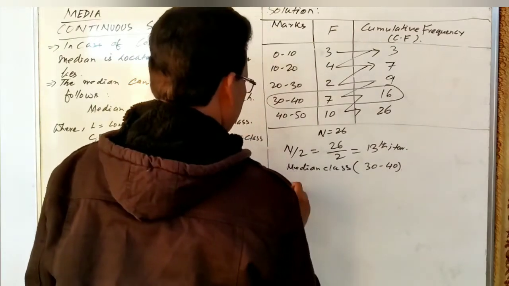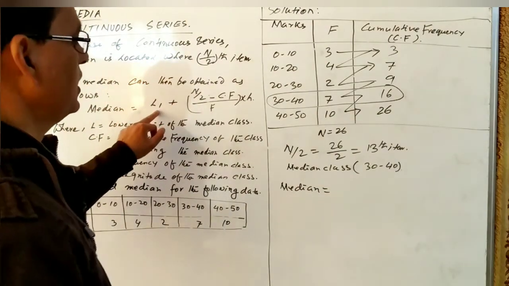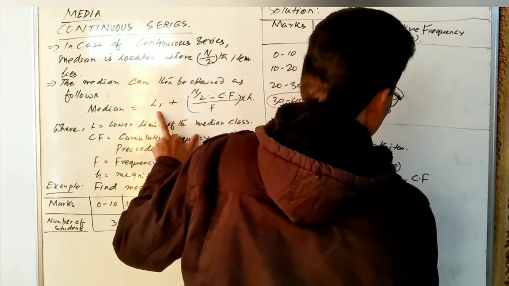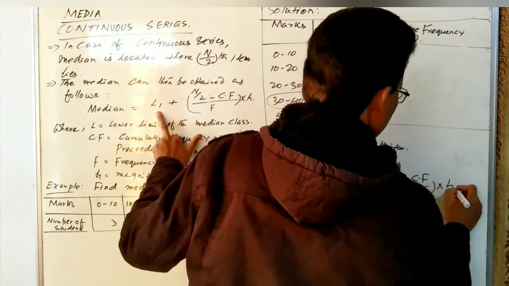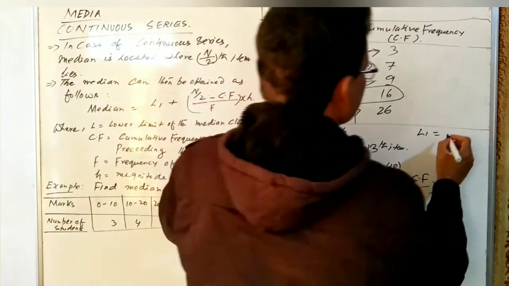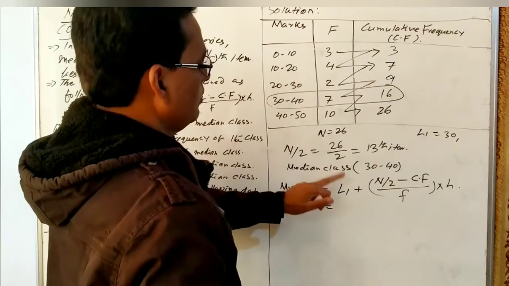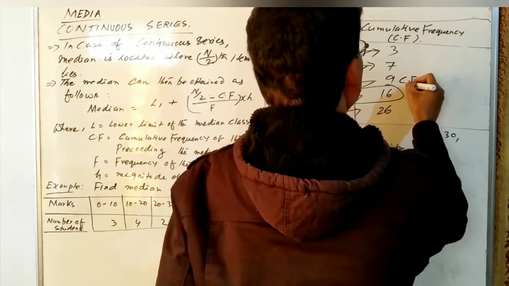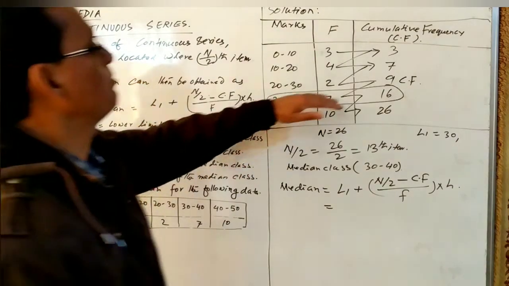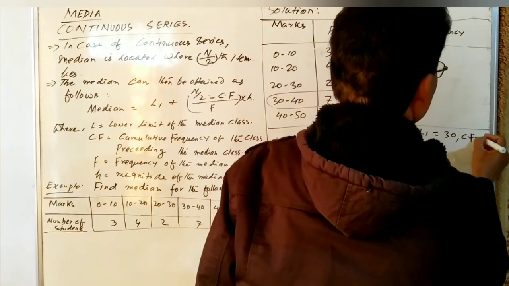So let us put it in the formula. Median is equal to L1 plus n upon 2 minus CF, divided by F, multiplied by H. L1 means the lower limit, which is 30. CF is the cumulative frequency of the class preceding the median class, so CF is 9.